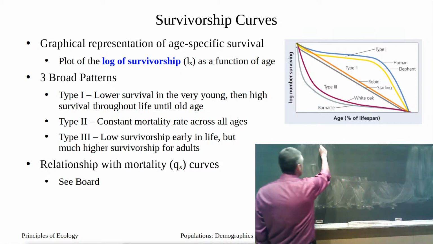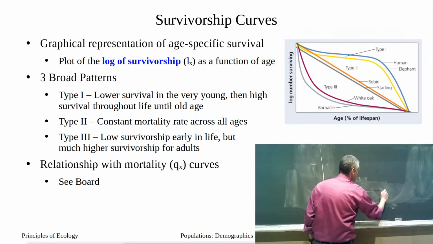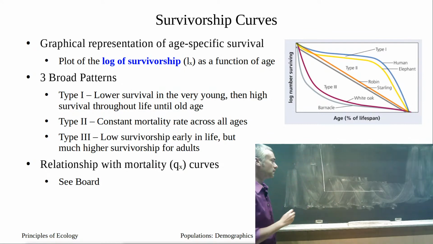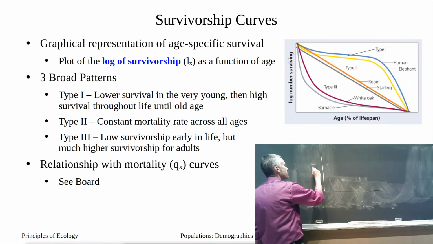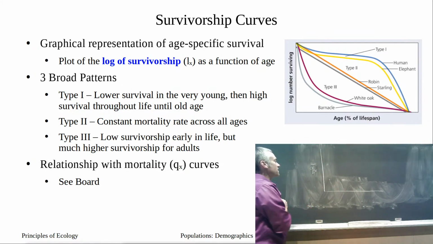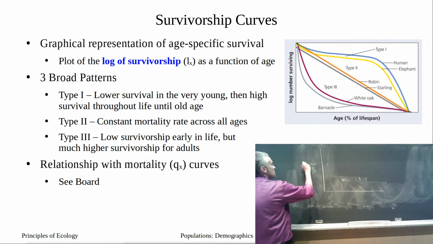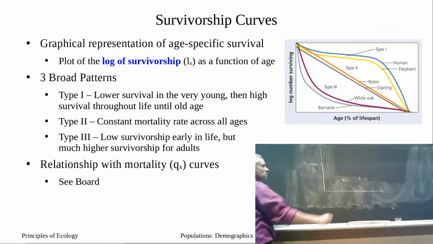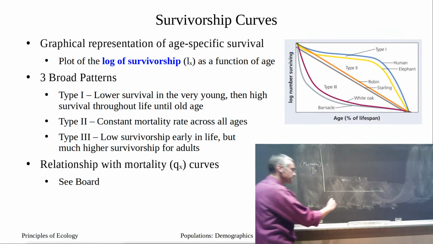Our survivorship curves were all on the log scale. Our mortality rates will be qx, and we do them on the linear scale. So, mortality as a function of age.